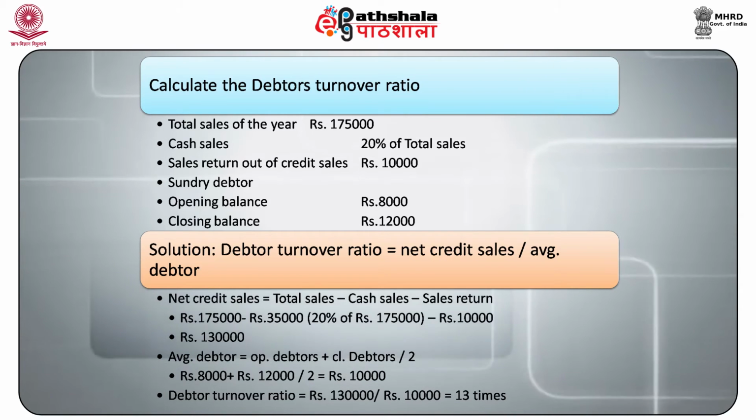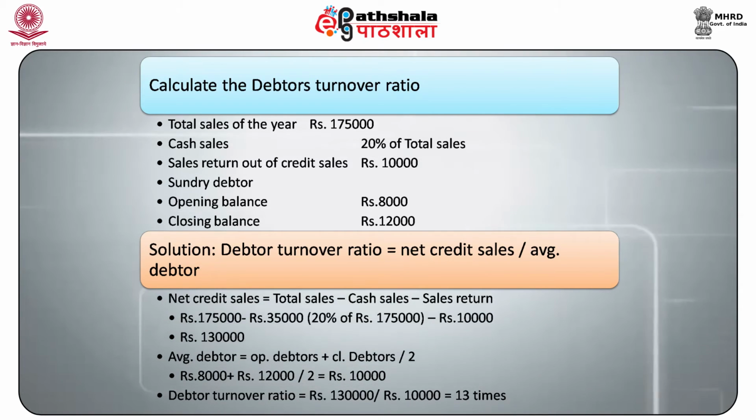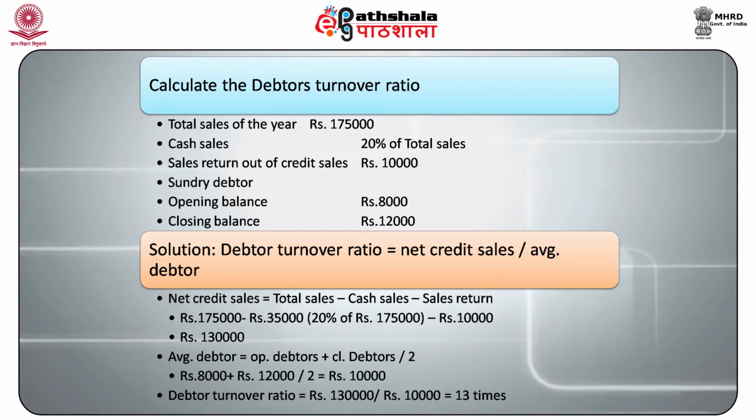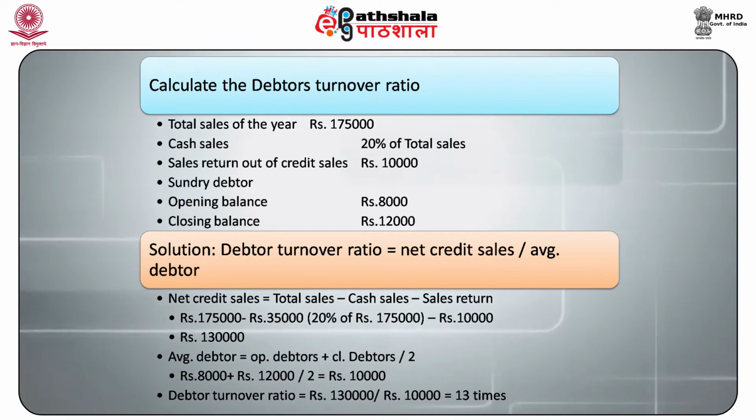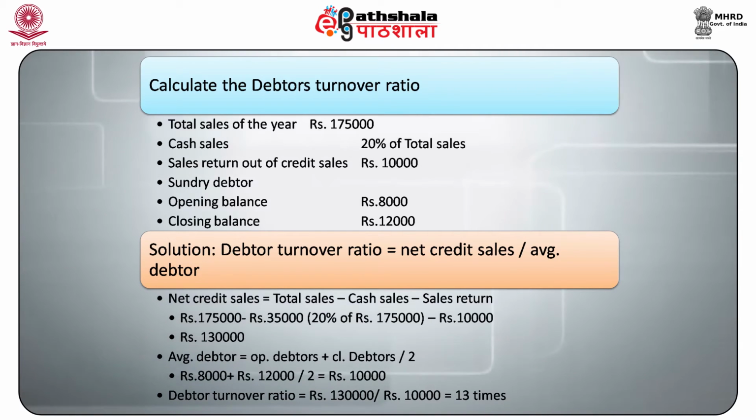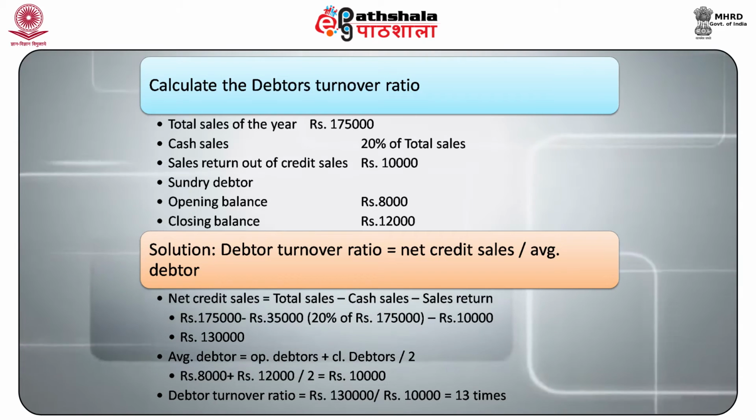Debtors turnover ratio is given by net credit sales divided by average debtors.